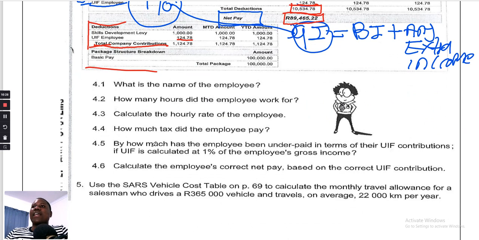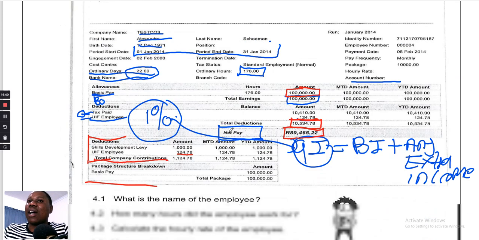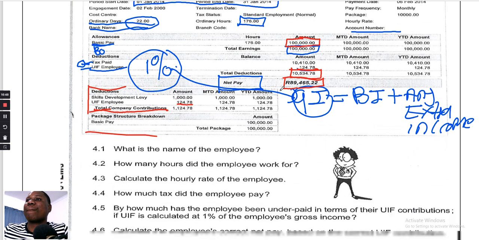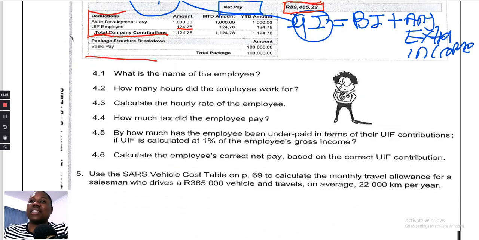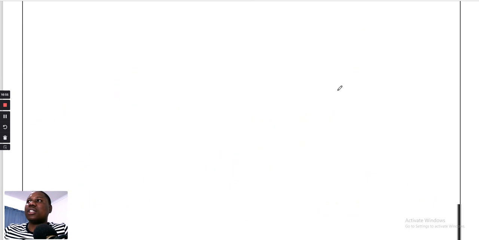Okay, now the first question, what is the name of the employee? Because you spent at least enough time on this already, you know the name, Alexandra Skoman. Okay, you know the answer. The answer was not hidden, all right? So let me go down.